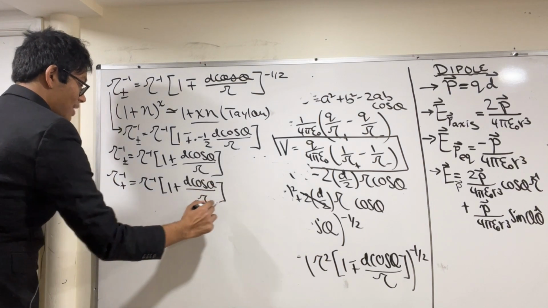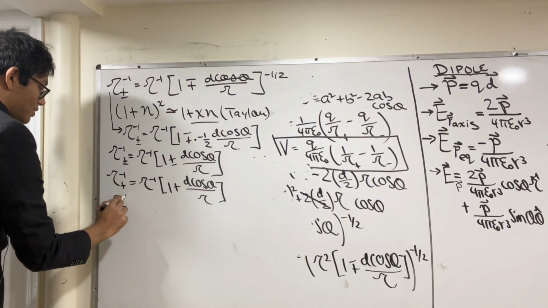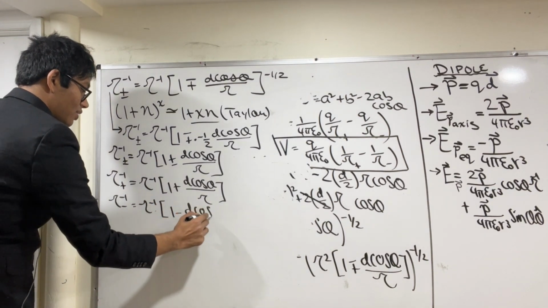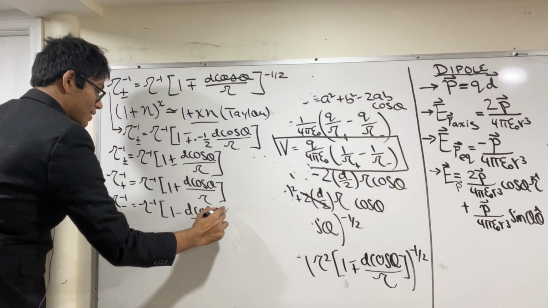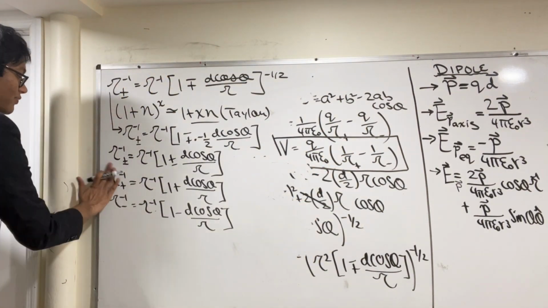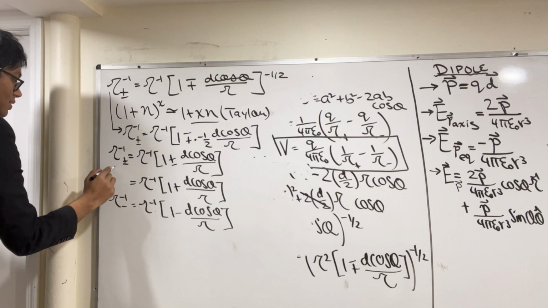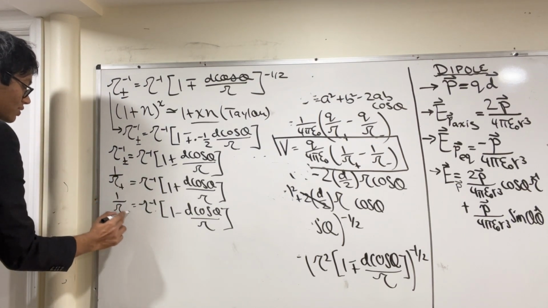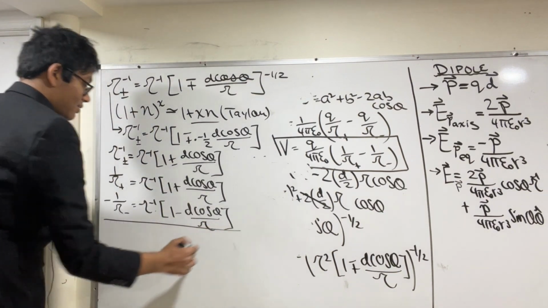And the distance to the minus charge is simply going to be r to the minus 1 minus d cosine theta over r. So now if I subtract them, in other words, if I do 1 over the distance to the positive charge minus 1 over the distance to the negative charge, if I subtract these two, what am I going to get? Well, let's see.